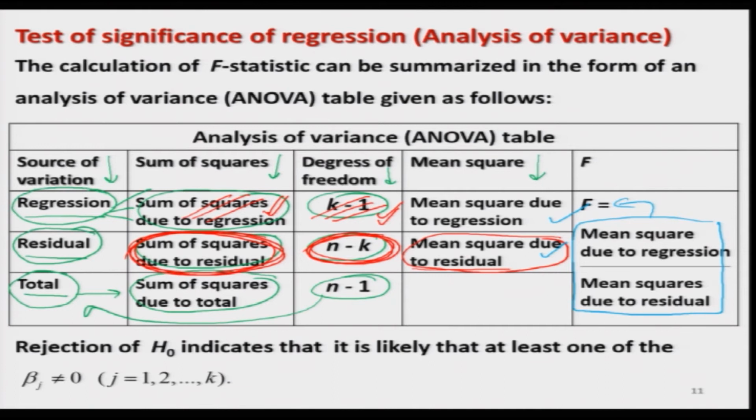Based on that, you can decide whether H naught is accepted or not by looking at the p value. When H naught is rejected, this indicates that it is likely that at least one of the beta j is not equal to 0. And actually that is a good thing for us.